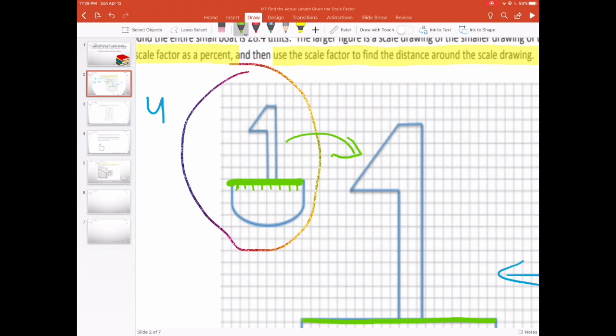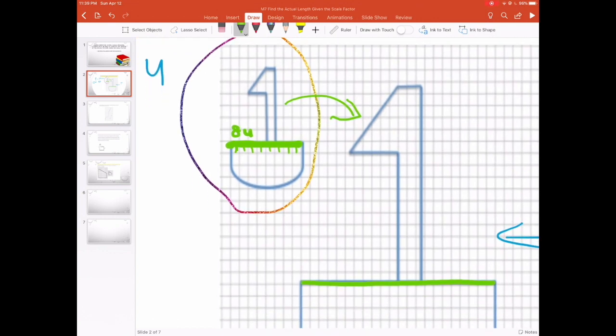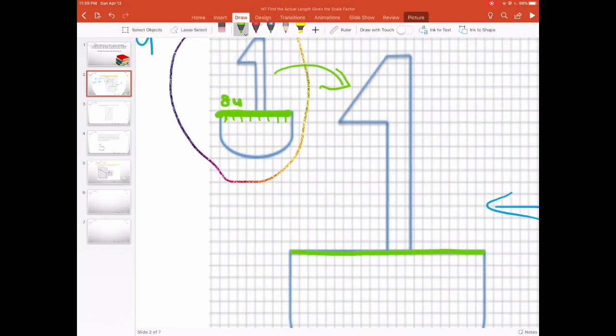So this length is 8 units. Let's see, I went from 8 units to what? 1, 2, 3, 4, 5, up to 22. So I went from 8 units to 22 units.